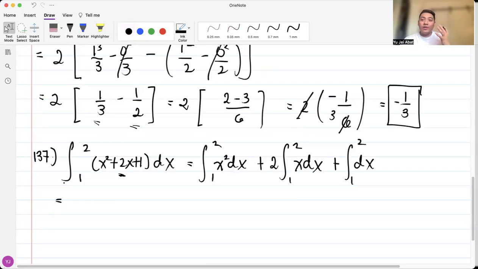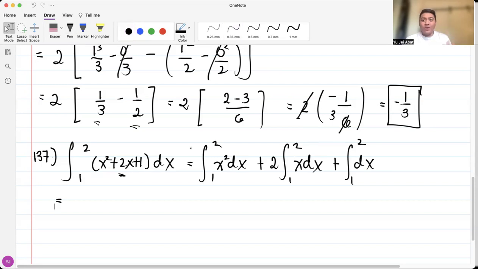So why am I doing this? So that we will not be confused. We can solve this without doing this. They call this sum and difference, but by doing this, it makes our math more simple rather than complicated.